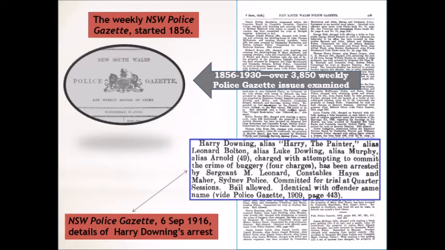The weekly New South Wales Police Gazette was a very rich source in compiling Unfit for Publication. The many details extracted by contributor Peter Trebilco from the weekly Gazette became the database illustrated on this slide.